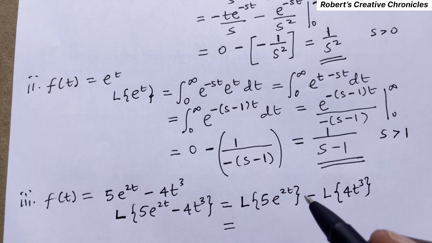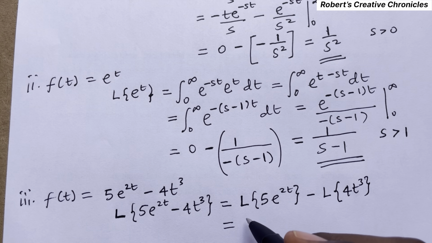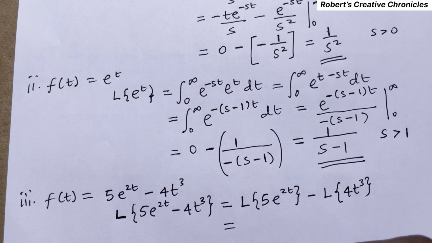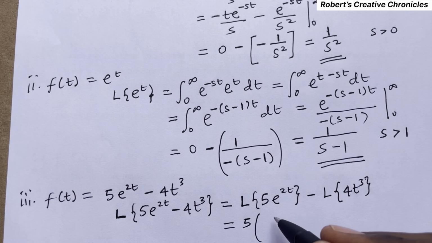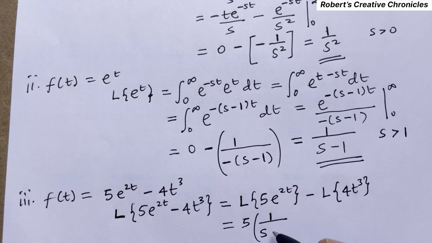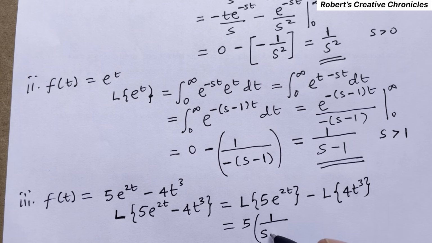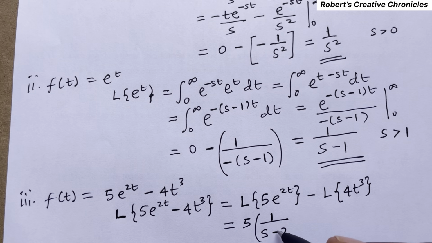So now the Laplace transform of exponential 2t is given from tables, and that is equal to 1 over s minus what is here, which is minus 2. If it's minus 2 here, it will be s minus minus 2, which is s plus 2.